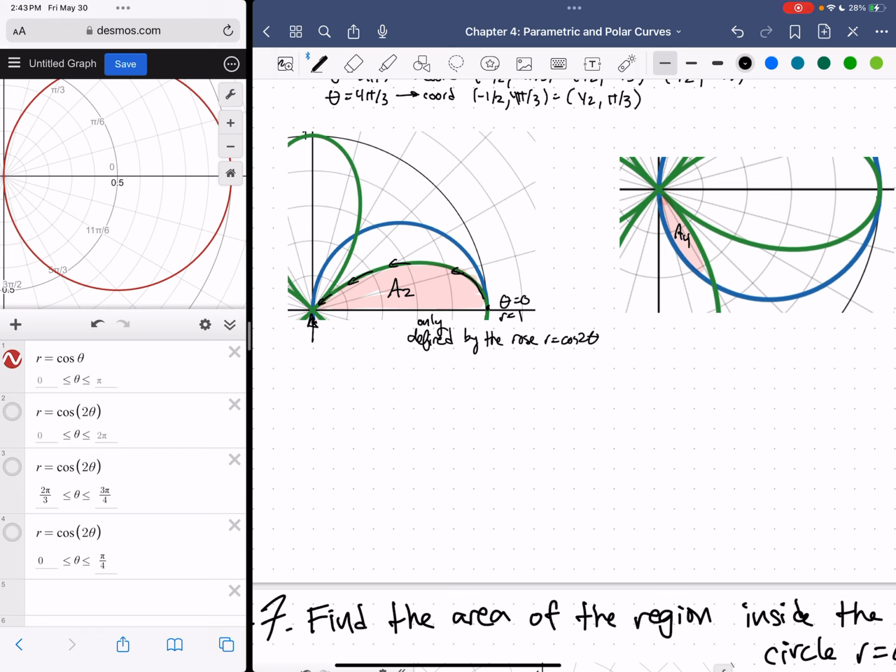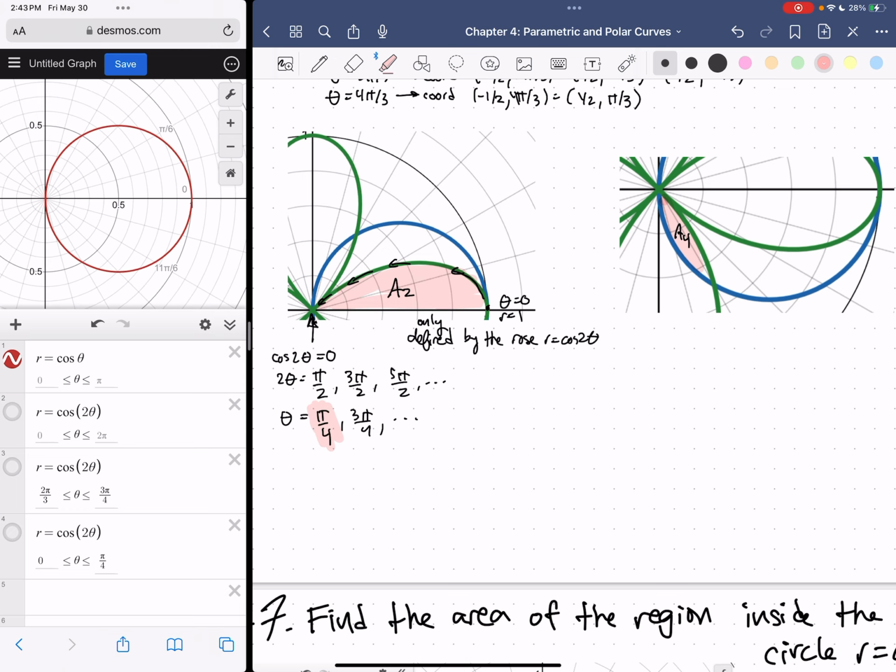Well, when do we hit 0? Let's see. So cos 2 theta is equal to 0 when 2 theta is equal to pi over 2, or 3 pi over 2, or 5 pi over 2, and so on, which means that theta is equal to pi over 4, or 3 pi over 4, and so on. So here, the one that we're going to be using is pi over 4. That's what defines this area.